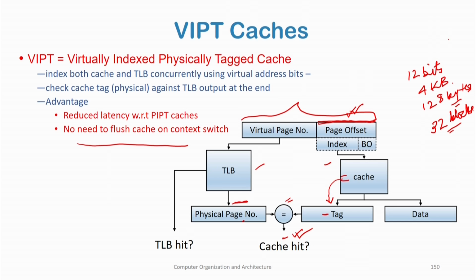Now, each of these 32 blocks will go to a particular location in the cache, depending on what? I have 128 bytes as the block size, so this will require 7 bits, and the other 5 bits will tell me where it will go in the cache.